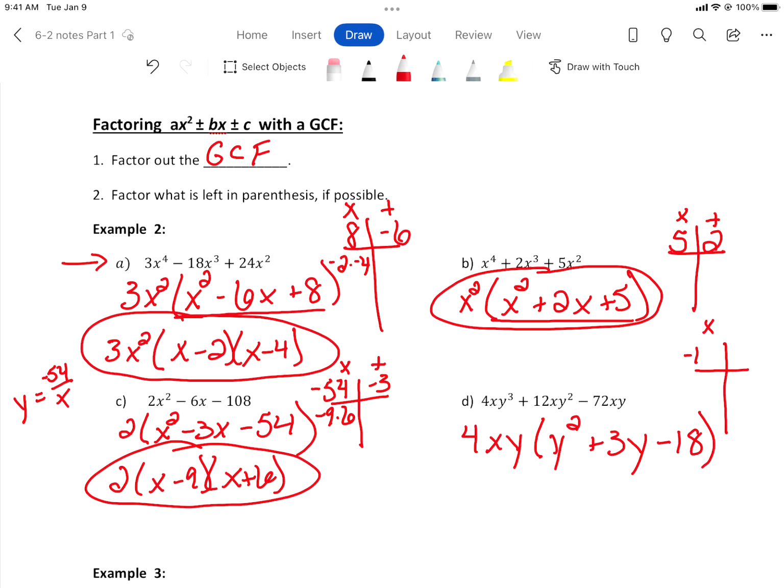Is there anything that multiplies to -18 that adds to 3? -6 and 3, correct. So keep your 4xy. How's that add to 3? Oh, +6, -3. Good catch. That one adds to 3. Had the signs wrong. y plus 6, y minus 3.